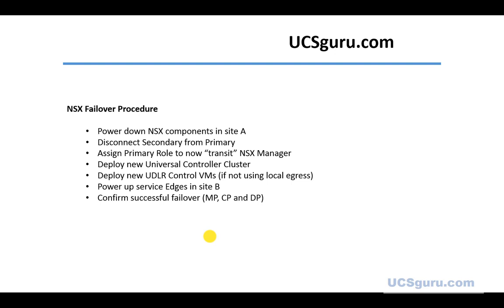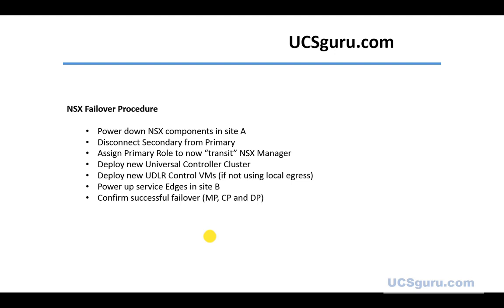We'll then go to our site B and we'll disconnect our secondary NSX Manager from our primary to break that association, which will put that NSX Manager into a role called Transit, and then we'll bump that fella up to a primary role. And then we'll deploy our new universal control cluster, and then deploy our new UDLR control VM.